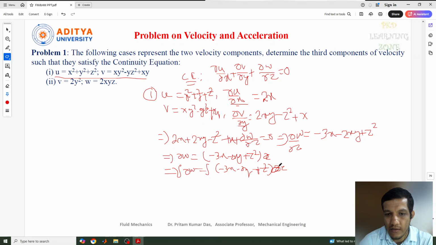Now we need the actual value of w, so I'll integrate this equation on both sides. Integrating minus 3x minus 2xy plus z square with respect to dz. If you integrate these terms, what we'll get finally, let me write here, is w equal to the integration with respect to z.